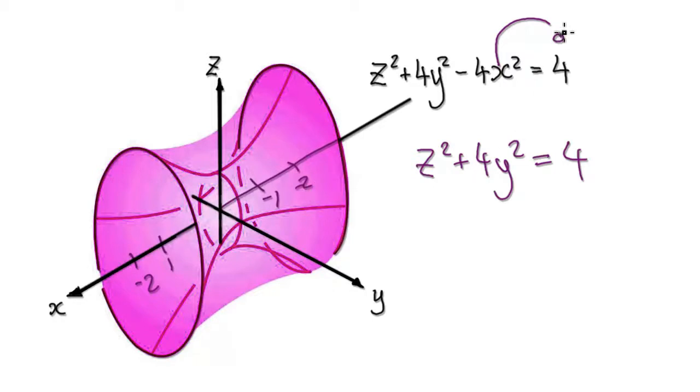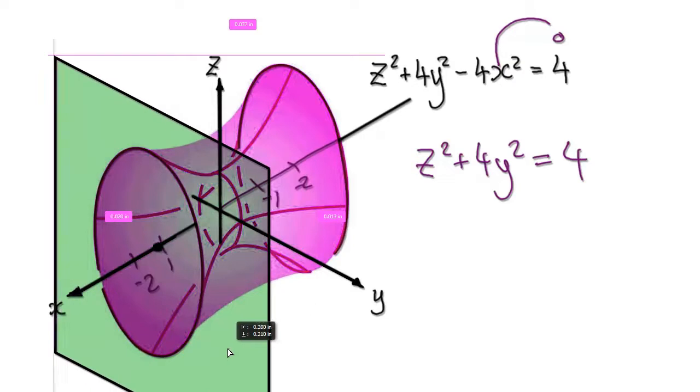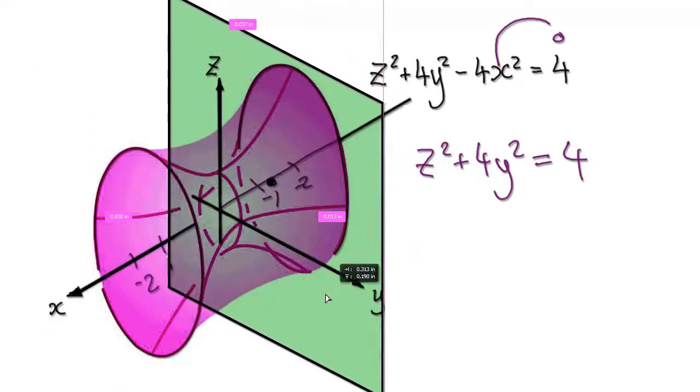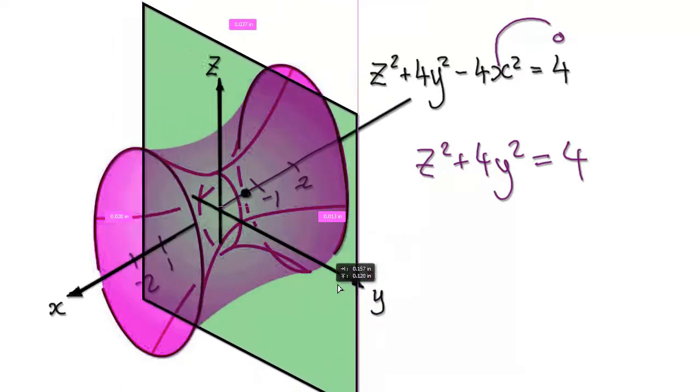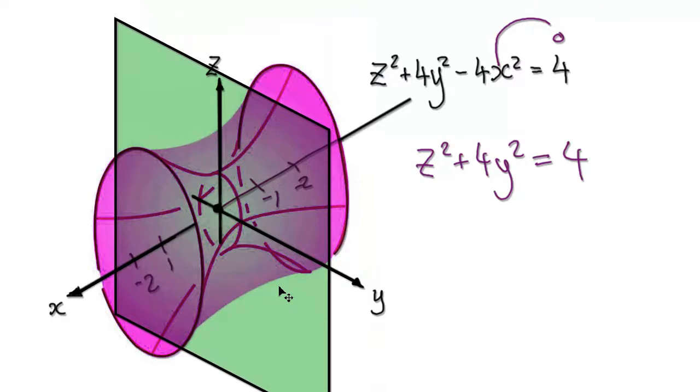You've got to imagine the vertical plane being located at x equals 0. So that will give us a plane located at x equals 0.